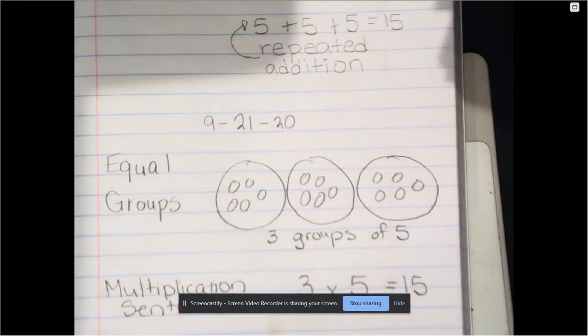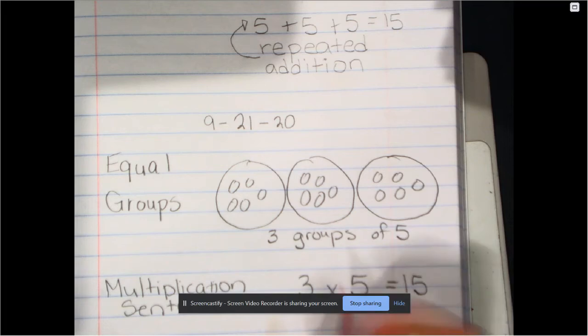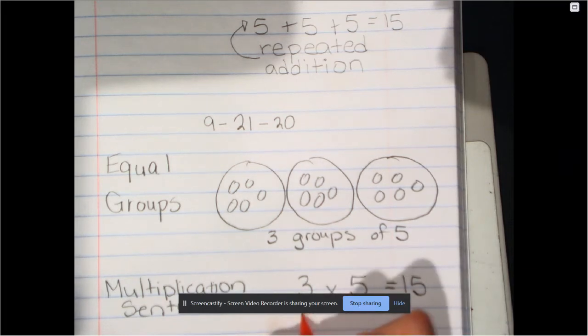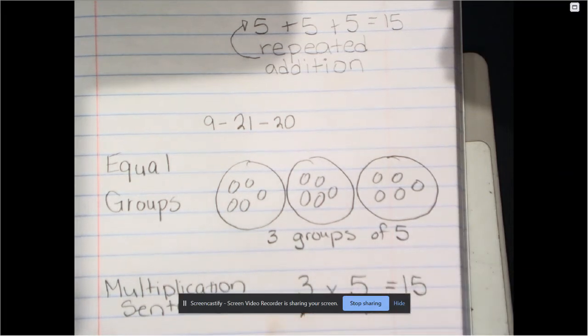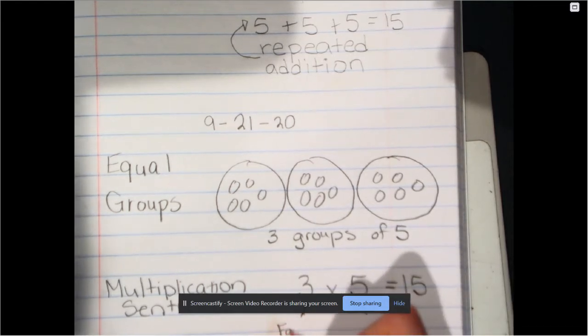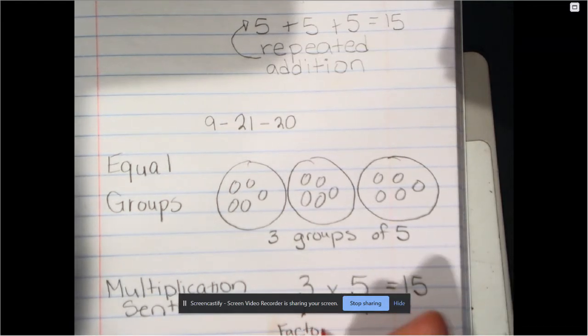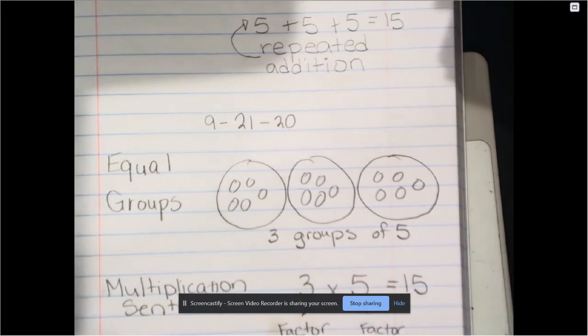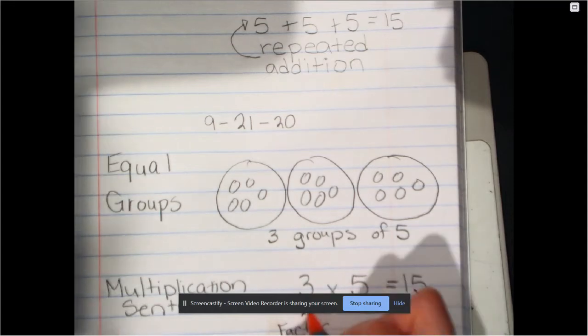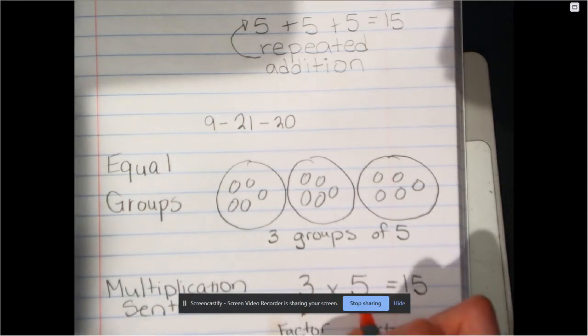So I know that the numbers that I am multiplying are called my factors. So the 3 and the 5, I'm going to draw little arrows here, and I'm going to write that 3 is a factor, and 5 is also a factor.